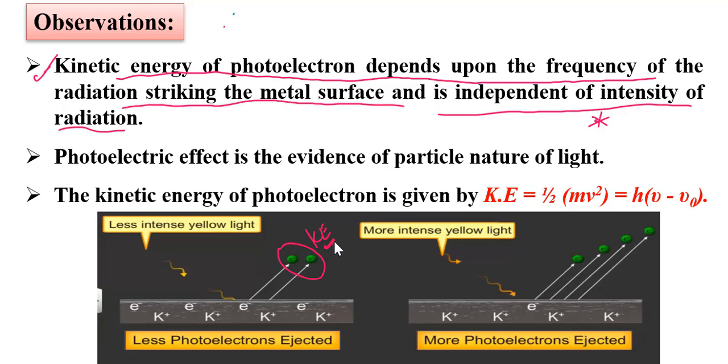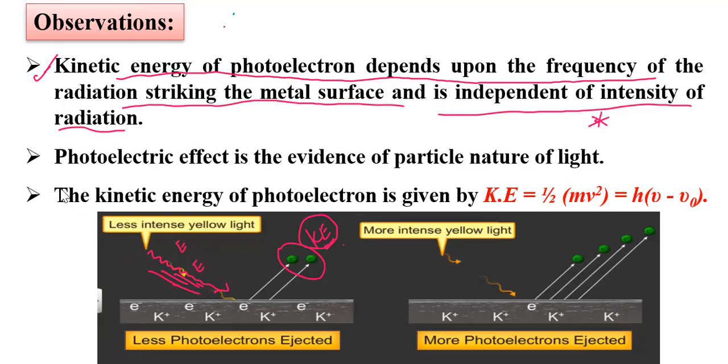This electron kinetic energy depends on how much energy each photon has, but it does not depend on how many photons are coming. That means kinetic energy does not depend on intensity. It depends only on photon energy.